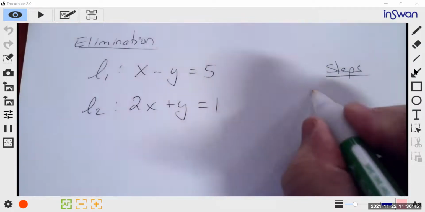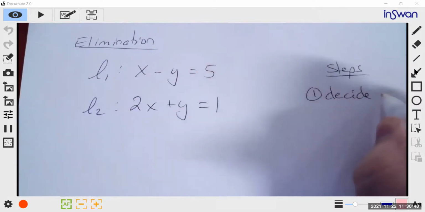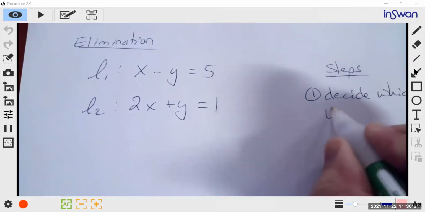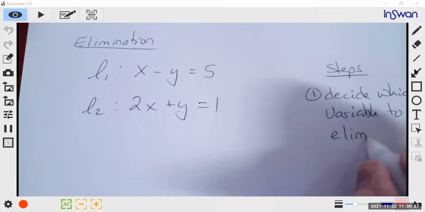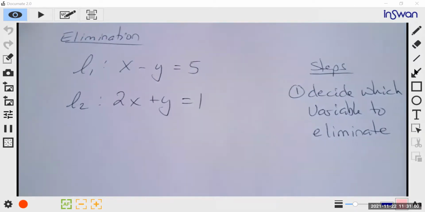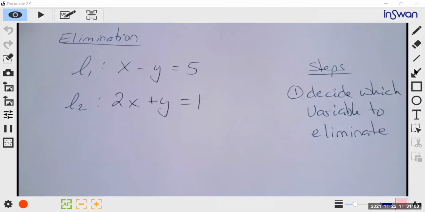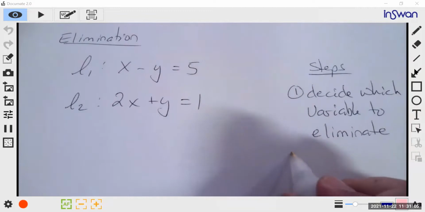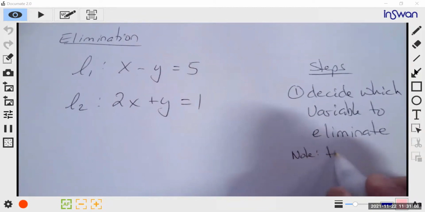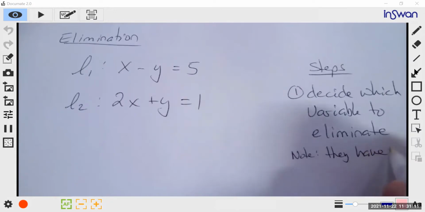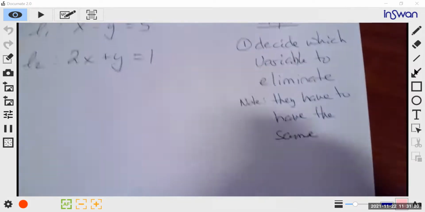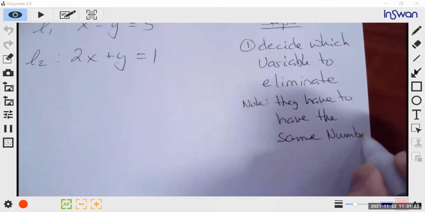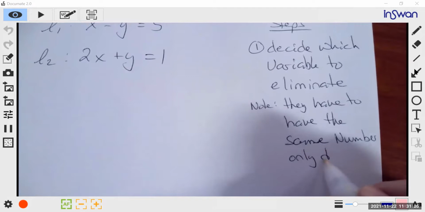The steps for elimination: first, decide which variable to eliminate. They have to have the same number, only different signs.